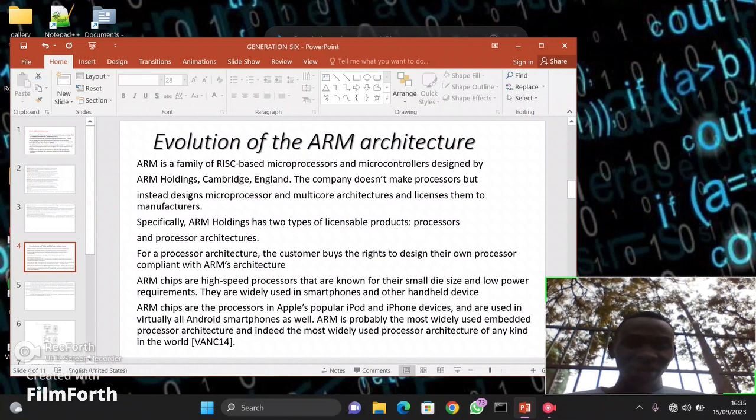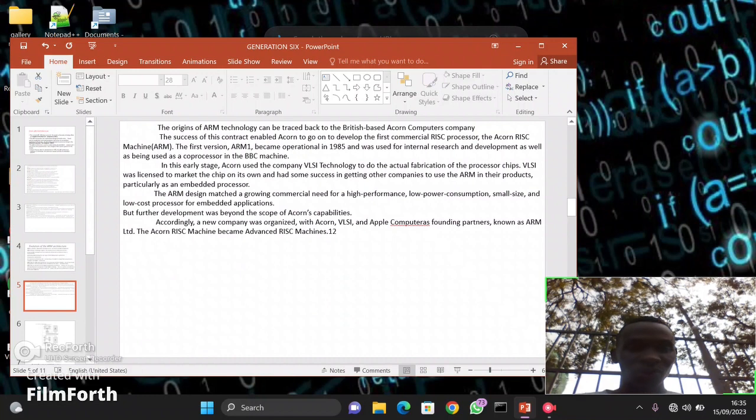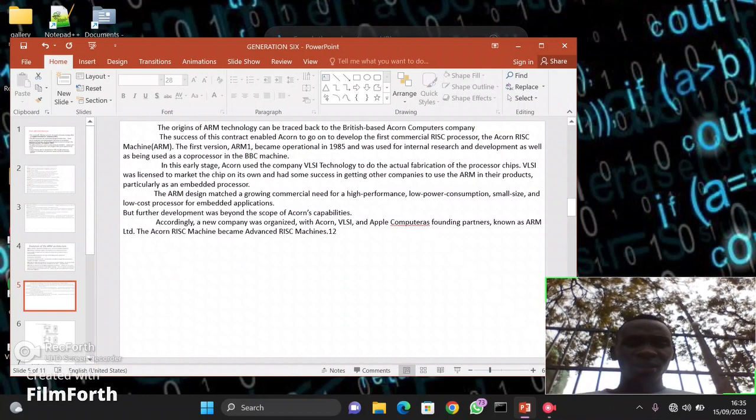For the Intel x86, you realize that it was for the non-embedded processor architectures. But the ARM is for the embedded, and that's where the difference comes in when it comes to the domination of the world market. They have both dominated, but in different categories.